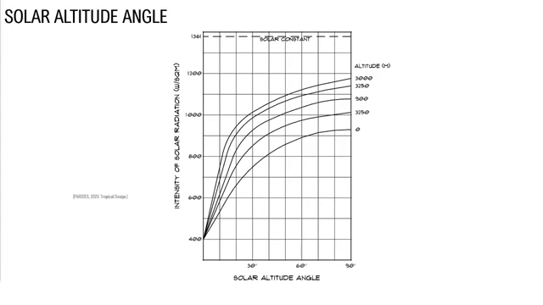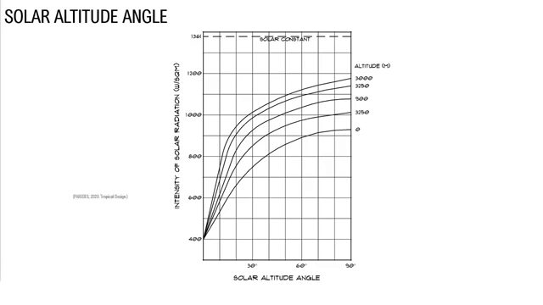Okay, so there is a component called the solar altitude. This is just a basic chart. So as you go higher in altitude, the intensity of solar radiation is actually higher. And if the angle of the sun is more perpendicular, it's also higher.